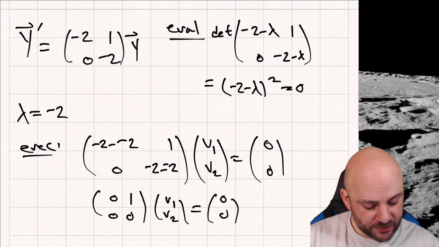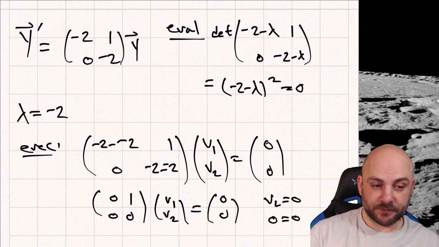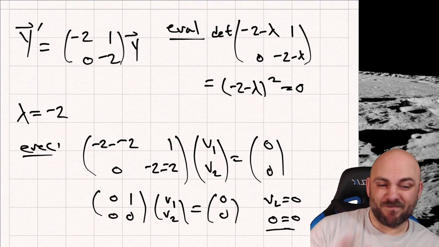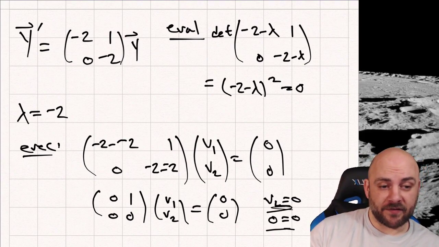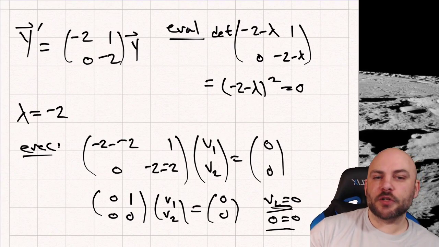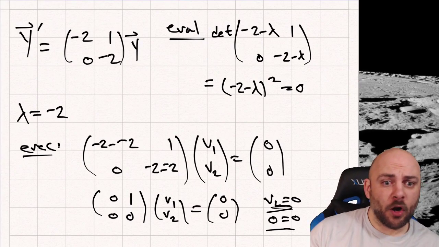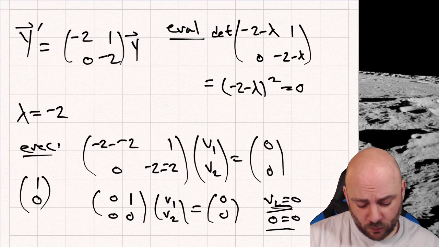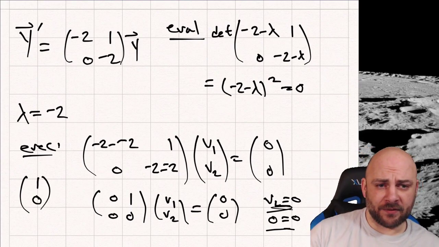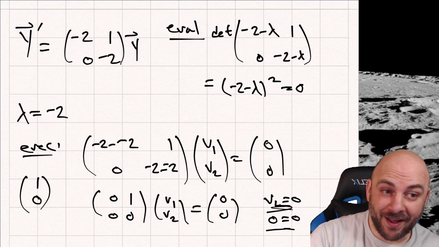And we get the equations v2 equals 0 and 0 equals 0. That second equation right there is not helpful. It contains absolutely no information. This first one here does have information, that the second component of my eigenvector should be 0. Now, what about the first one? Oh, it can be anything I want it to be. So the eigenvector that I'm going to go with is 1, 0. I could have gone with 38, 0, or why not 0?